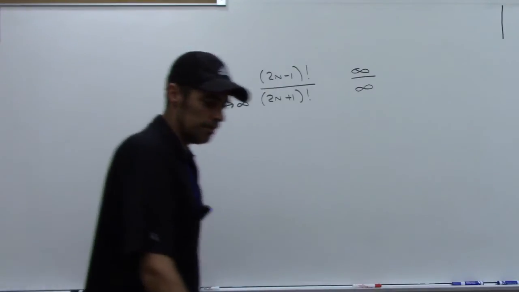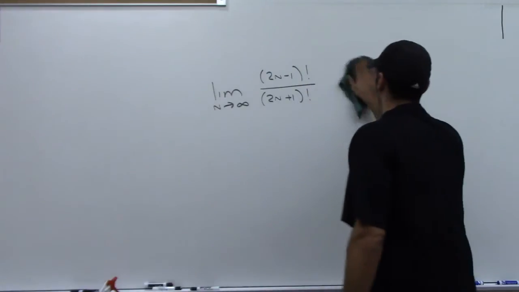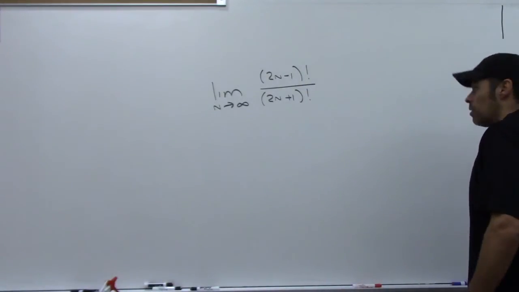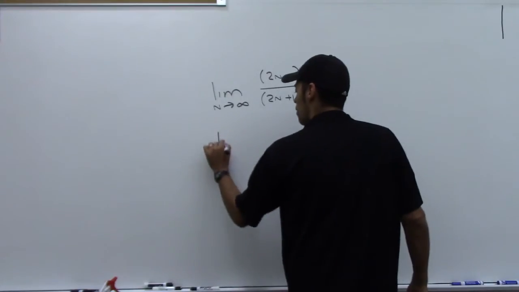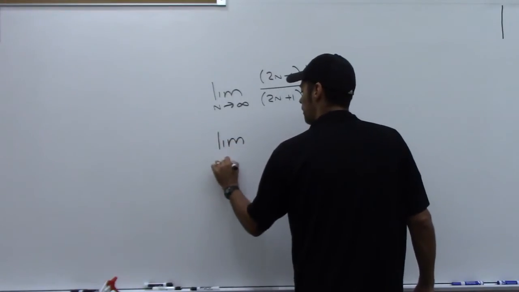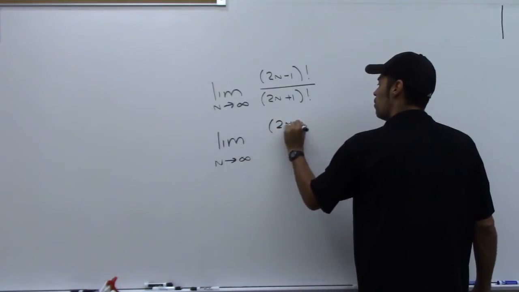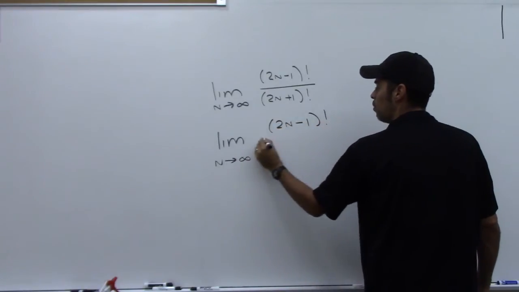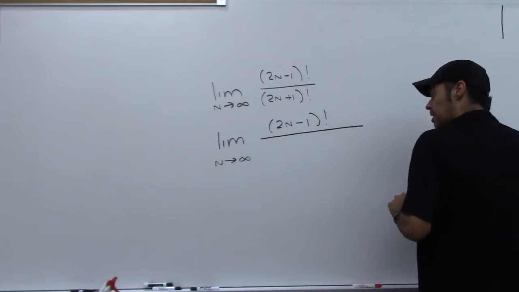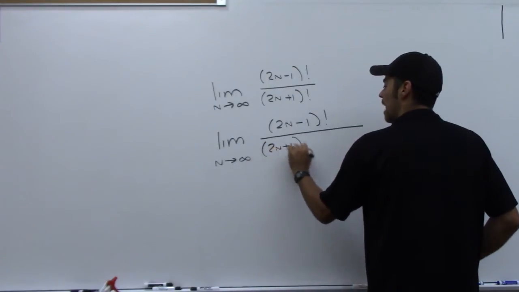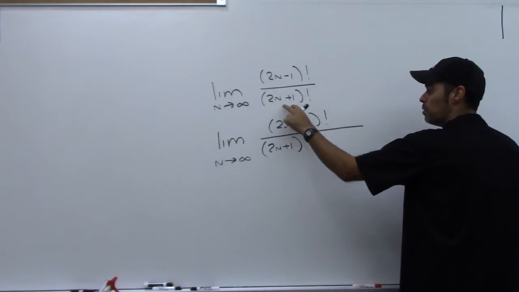No L'Hopital's rule. So what we're going to use here are the properties of factorials. We notice that the factorial in the denominator is bigger than the one on top because it's 2n plus 1 instead of 2n minus 1. So I'm going to start peeling off factors. The first factor would be this.